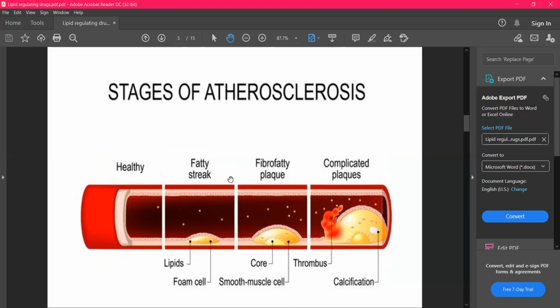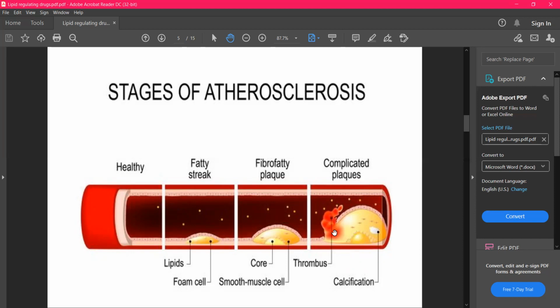Modified oxidized LDLs are pro-inflammatory. And we know in atherosclerosis, inflammation can initiate as well as drive the whole process of atherosclerosis. Therefore, LDL is not only atherogenic, but it can also activate platelets, and it can be thrombogenic as well.